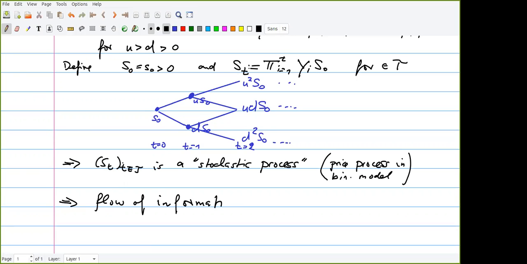If you know the prices up to time t, this gives you certain information about the market, and this is modeled by this filtration F_t, which is given by the sigma algebra generated by all the prices from 0 or 1, since the first one is trivial, it makes not such a difference, up to time t. And here, t is in T.